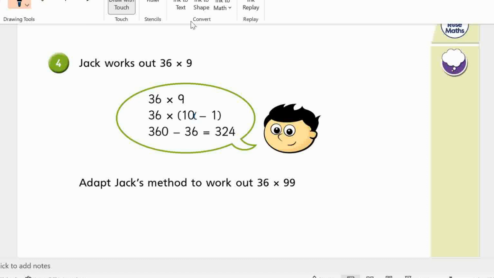So we'd be putting a 0 on there. 36 times 100 minus 1. Because we times it by 100, we need another 0 here, so it would be 3600, minus 36 equals.